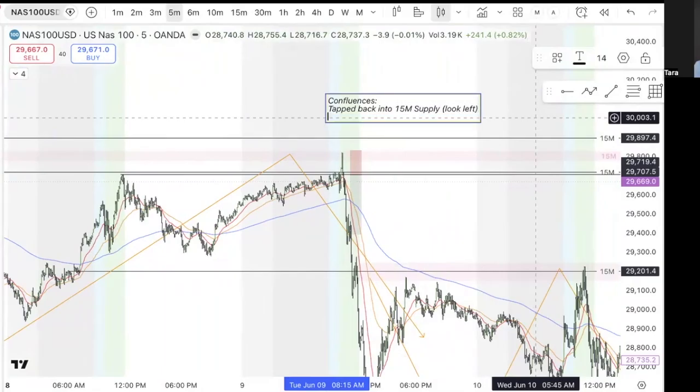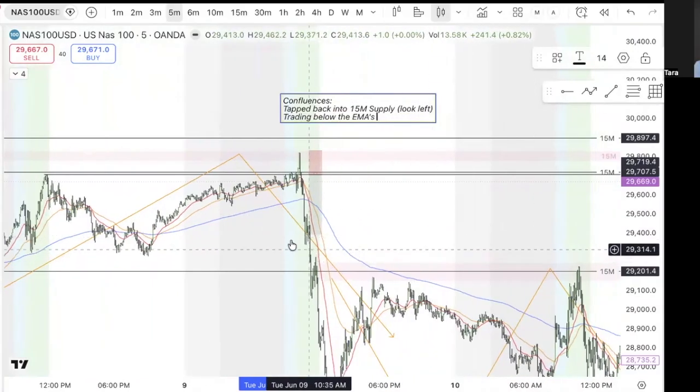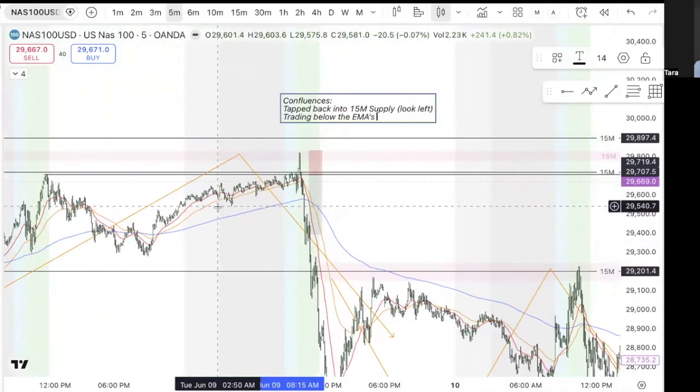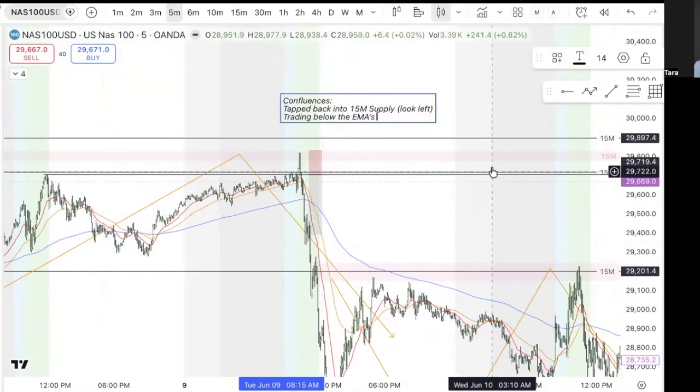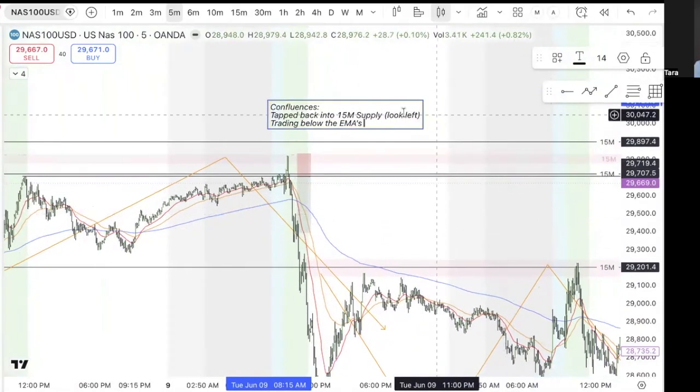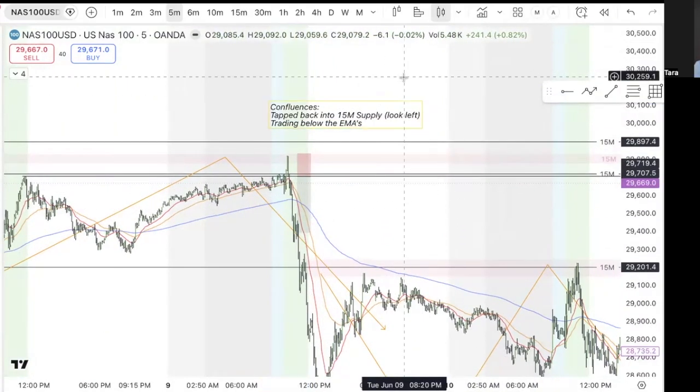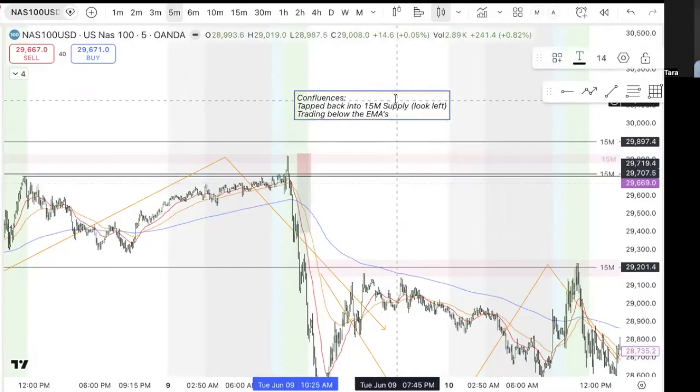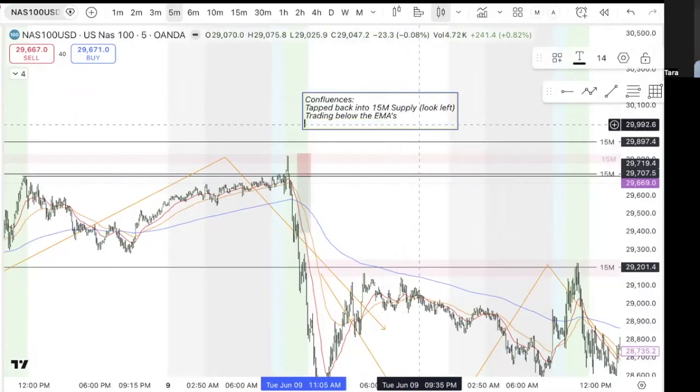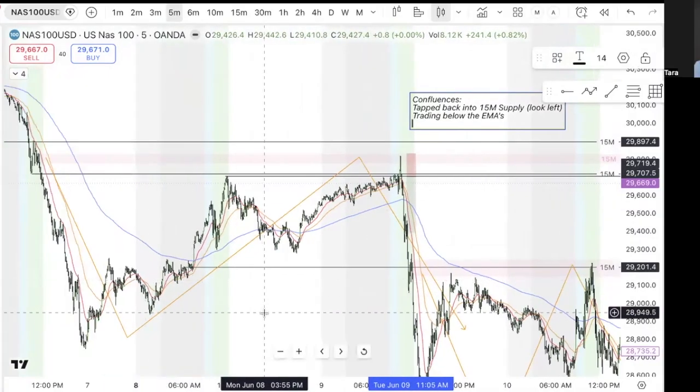We noticed we were trading below the EMAs. Another note is that the EMAs are not going straight across. They're not just going sideways. This is not a range day. And so that's our kind of trading. If you are a break and retest trader, we notice there is some liquidity below.